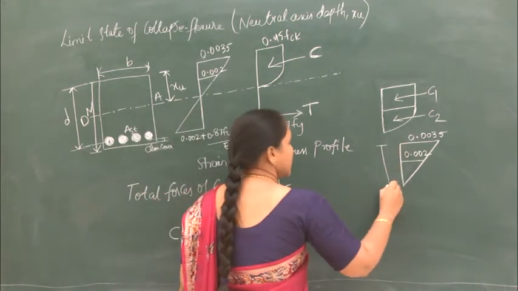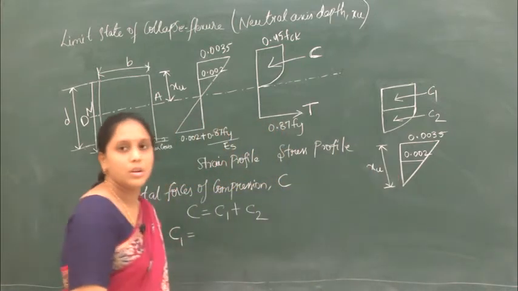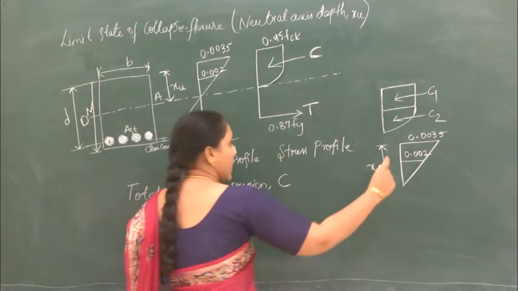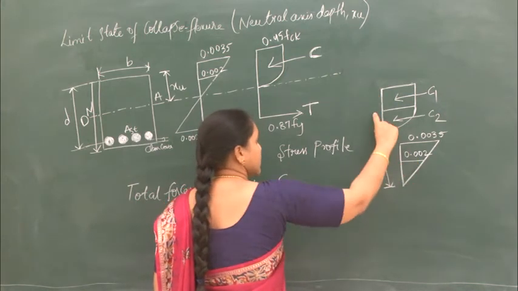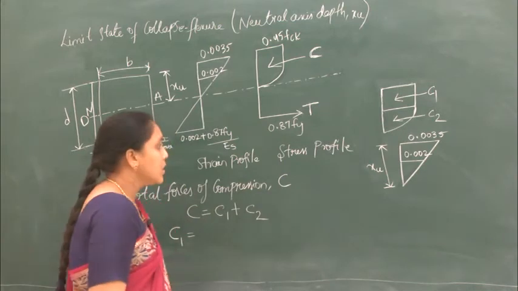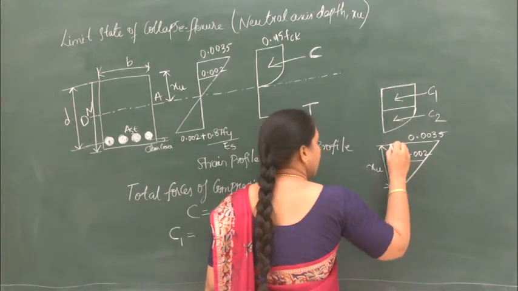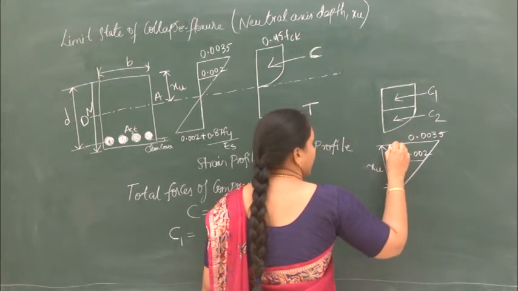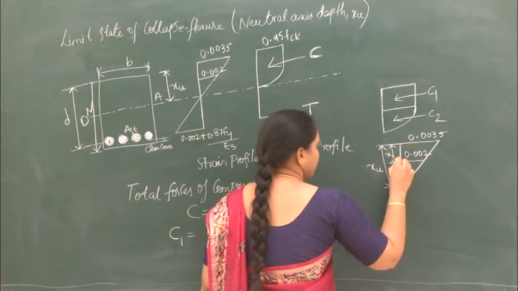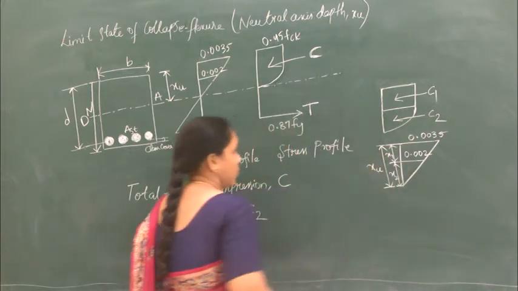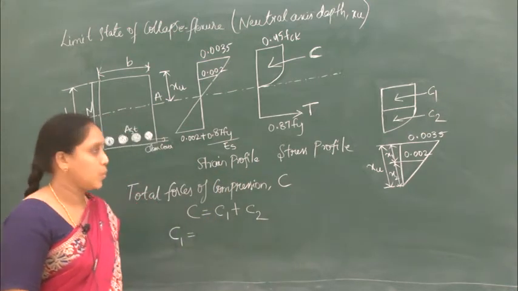This distance is xu. Now I have to calculate this distance; this distance will be similar to this one. Let the depth of the rectangular portion be x1 and the depth of this portion be x2. Now I have to calculate x1 and x2.